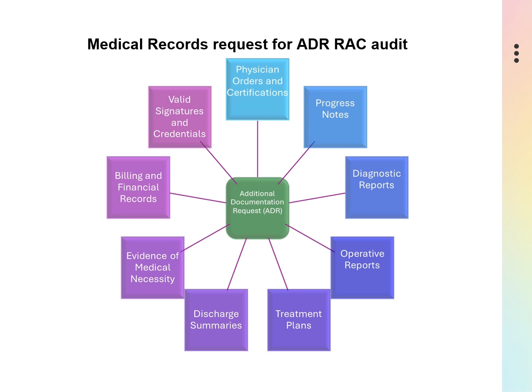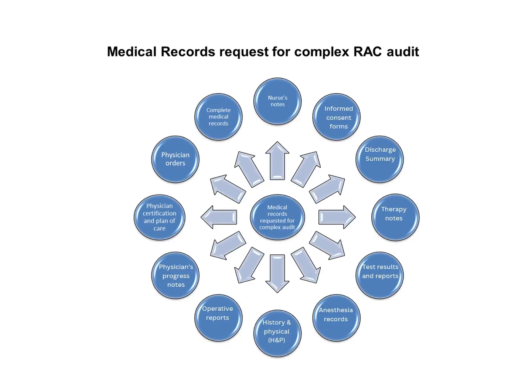Medical records request for complex RAC audit. Nurse's notes, informed consent forms, discharge summary, therapy notes, test results and reports, anesthesia records, history and physical, operative report, physician's progress notes, physician's certification and plan of care, physician orders, complete medical record.